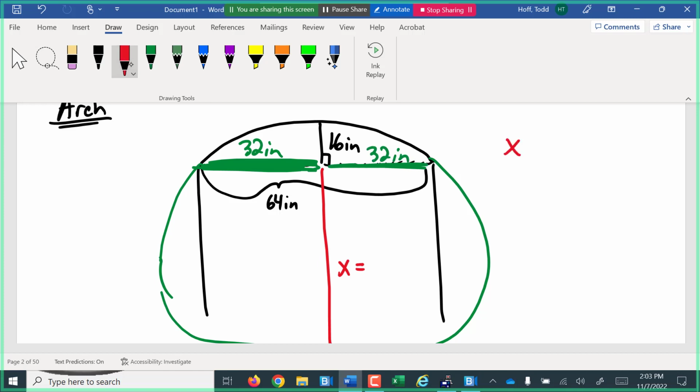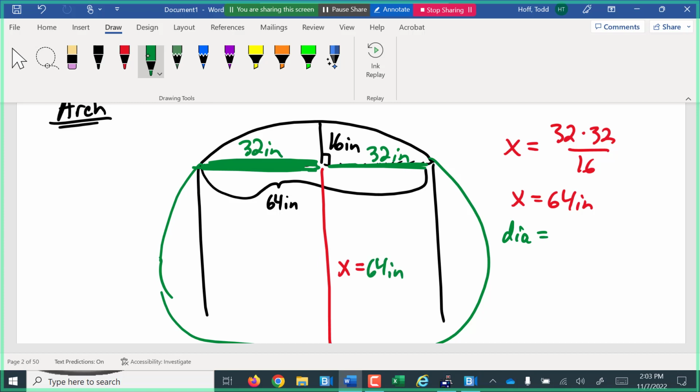So x is going to be found by doing what? 32 times 32 divided by 16, or 64 inches. Which means the diameter of our circle is 64 inches plus 16 inches, or 80 inches. So the radius of the circle is half of 80, or 40 inches.